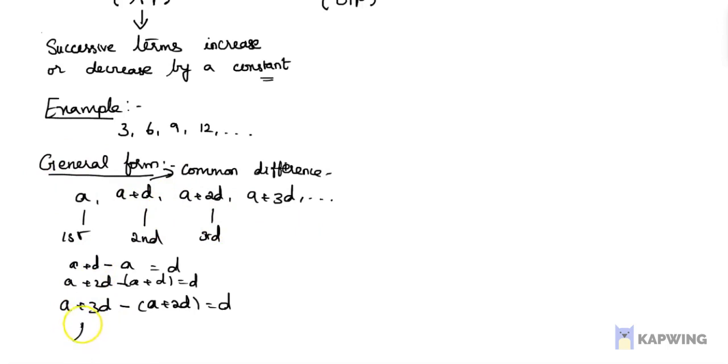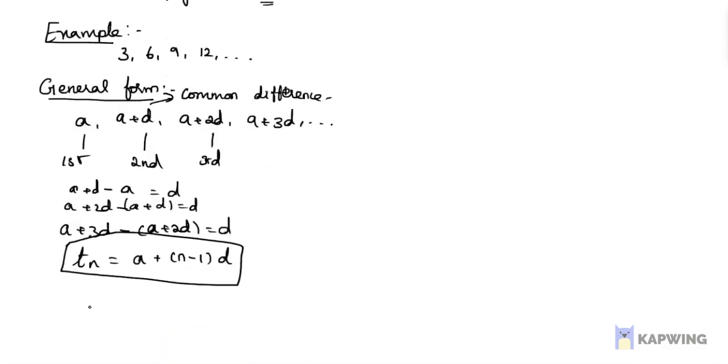And here the nth term Tn we can write as a plus (n minus 1) into d. So n represents the number of terms. This is the nth term formula: Tn is equal to a plus (n minus 1) into d.